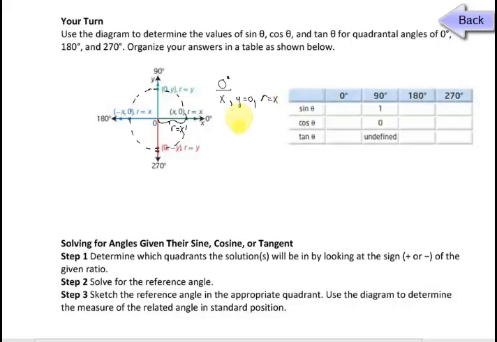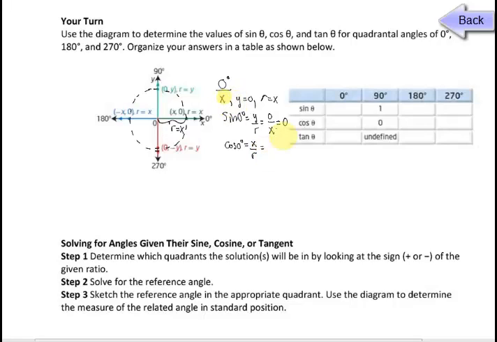Okay, so we want to write our trig ratios. So sine of 0 degrees is y over r. The value for y is 0, and our radius is x, and so 0 over x is 0. Cos of 0 degrees is x over r.